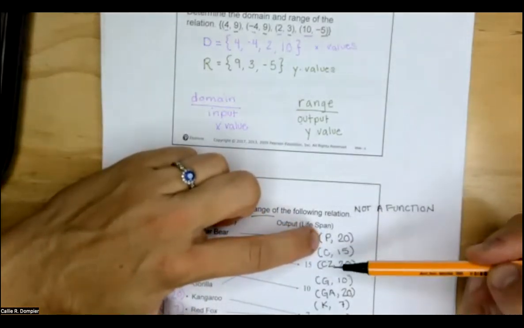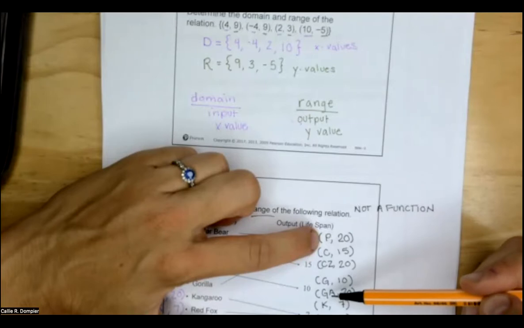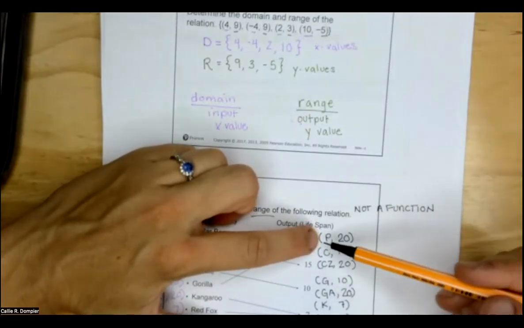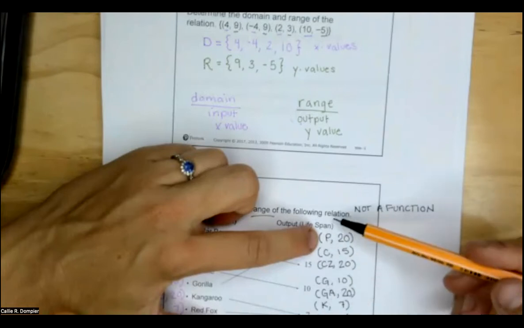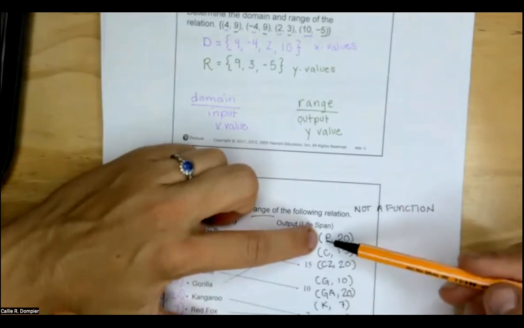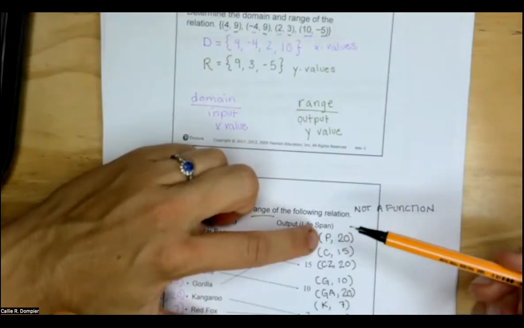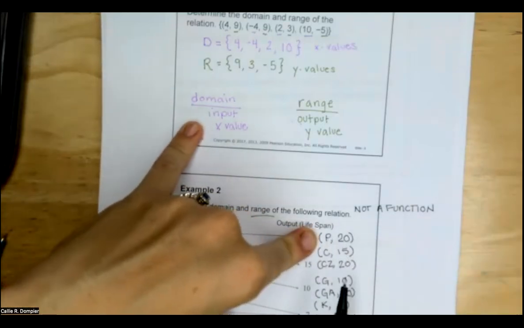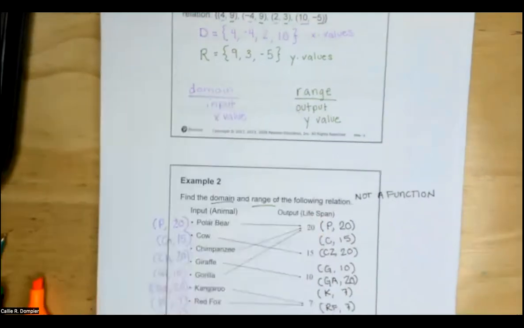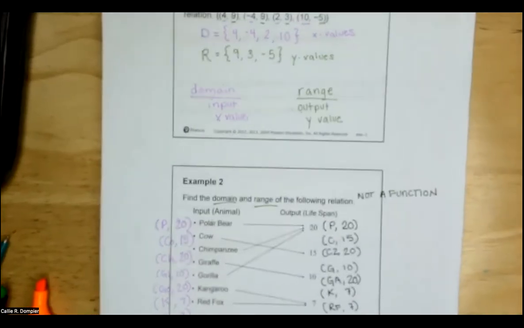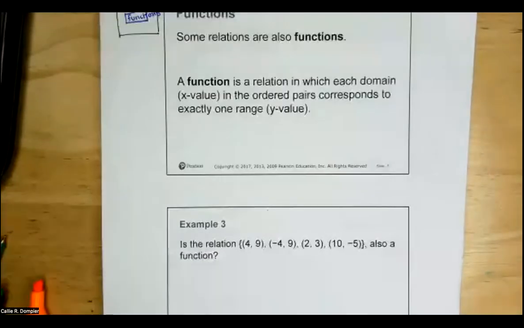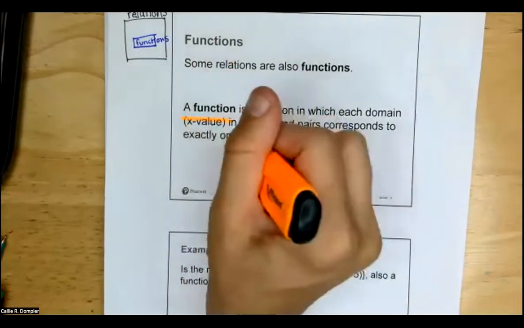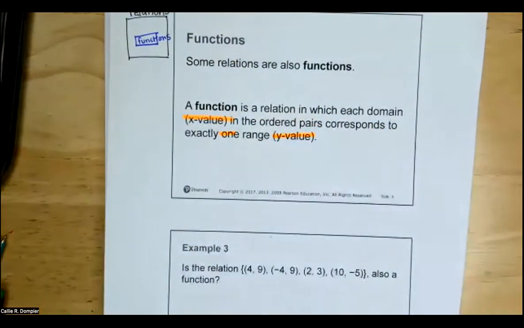X is P, X is C, X is CZ, X is G, X is GA, X is K, and X is RF. Each of these is a unique X value. And so each unique X value to be a function must have a unique Y value. Since P is 20 and CZ is 20, it's not a function. A function, each X value has one Y value.